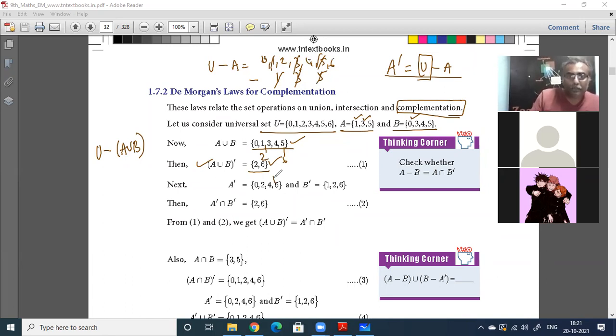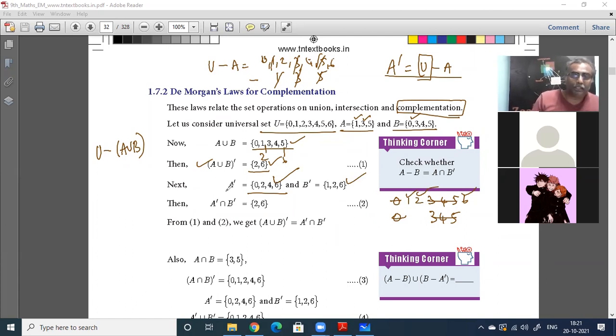So A complement is 0, 2, 4, 6. Same way, B complement is 0, 1, 2, 3, 4, 5, 6 minus B, that is 0, 3, 4, 5. So those are gone, and 1, 2, and 6 are there. B complement is also 1, 2, and 6.